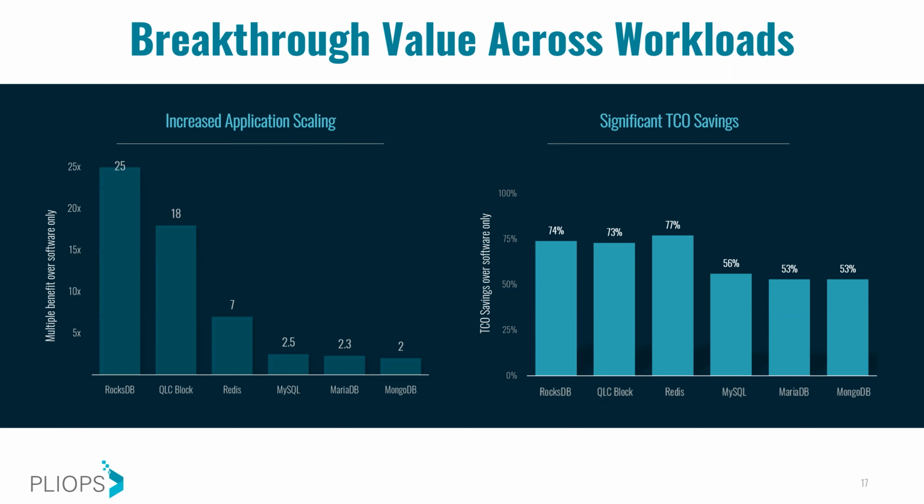So you're getting both the performance scaling as well as the efficiency, the reliability, and the greater expansion. You can see on the right how that works out from a TCO savings perspective. So easily getting over 50%, and depending on your environment, these can go even higher.